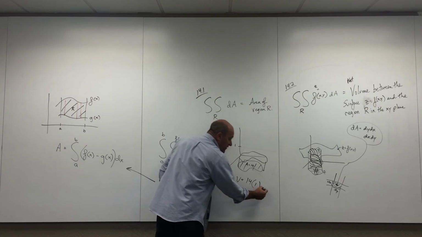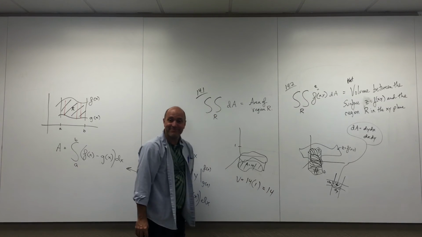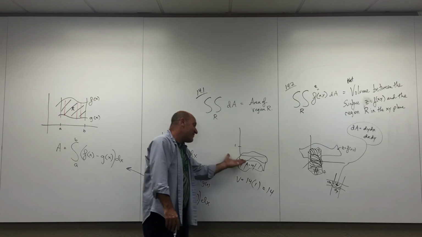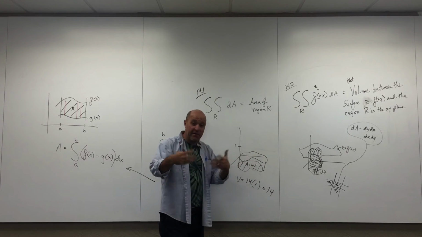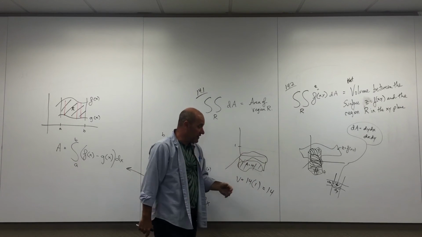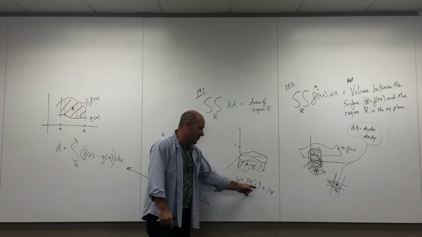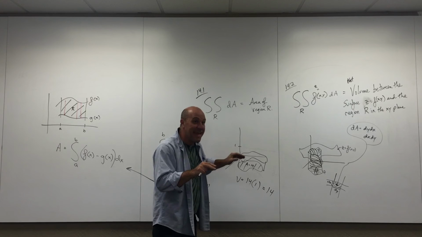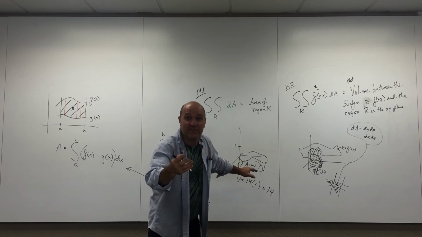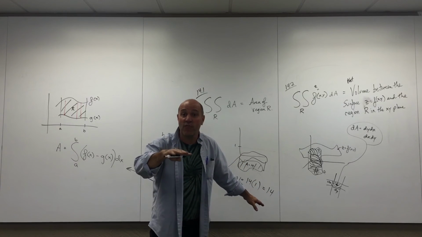So what is the volume? The volume is also 14. So the area is the volume, except the units don't jibe. The area is square feet, or whatever units, square units, and the volume is cubic units. But numerically, the area is equivalent to the volume of something that has a height of 1.